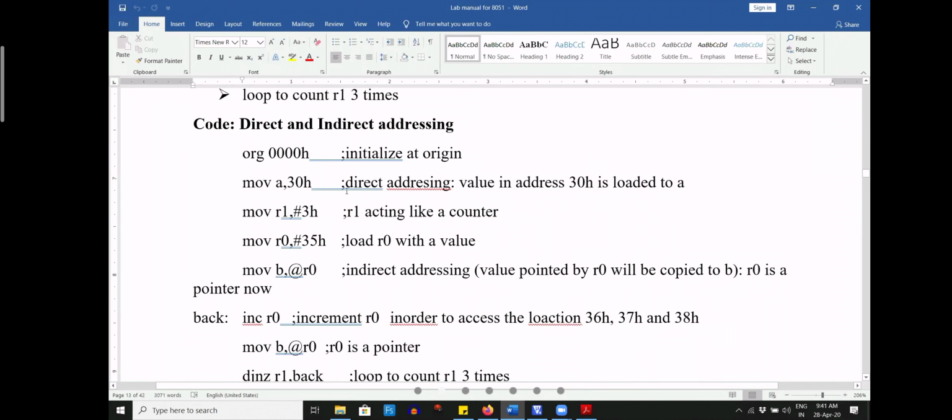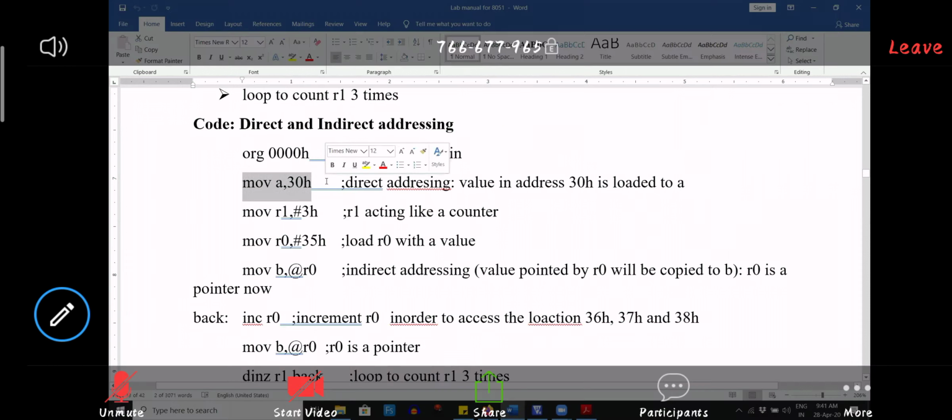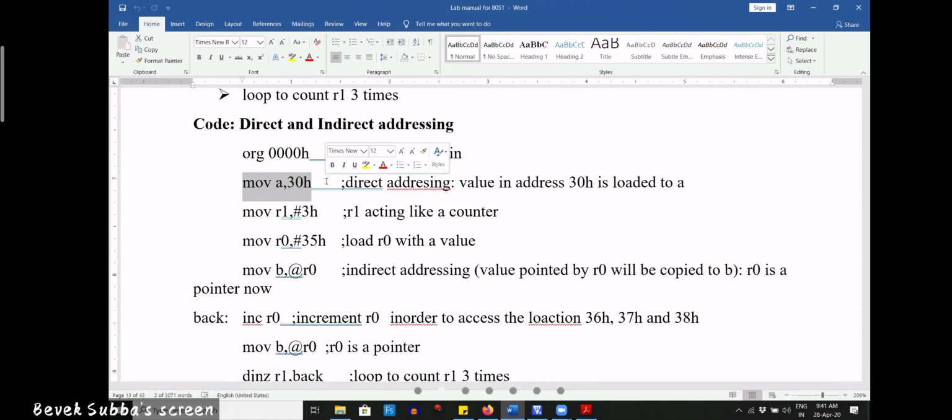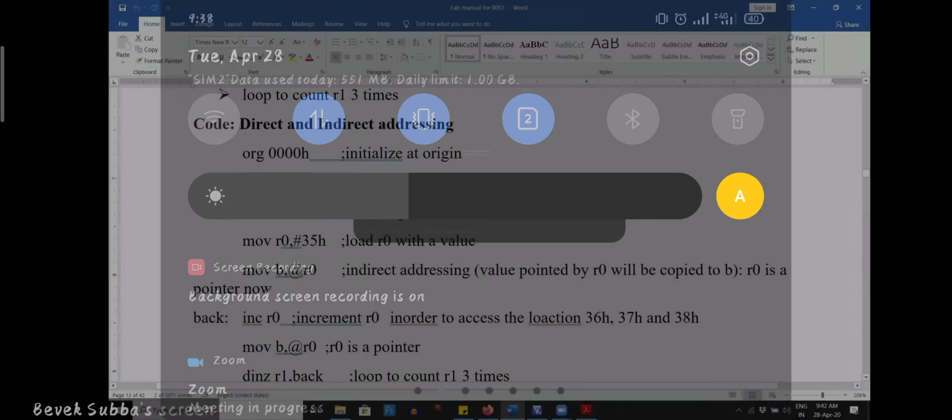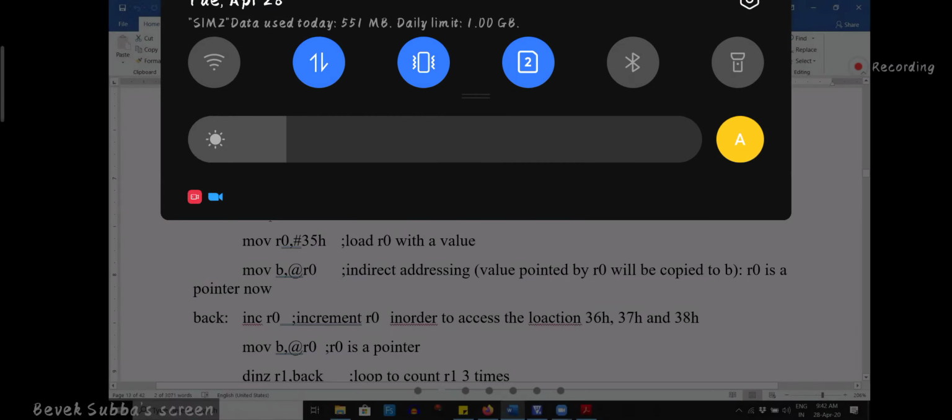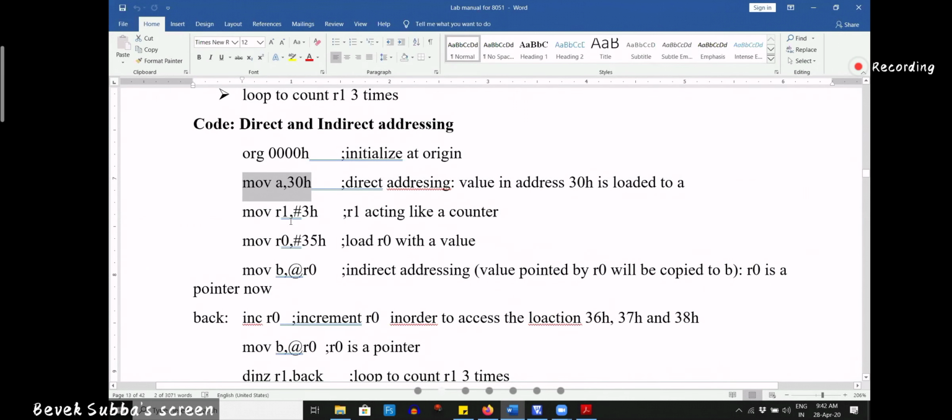MOV A, 30H. We are moving the value from location 30H. It's not the value 30H. We're moving the value from location 30H to A. Is it clear or not?